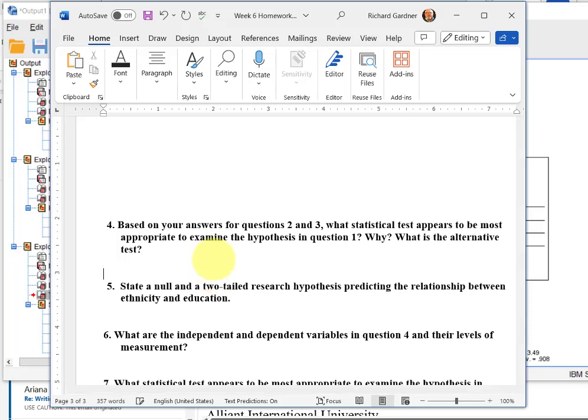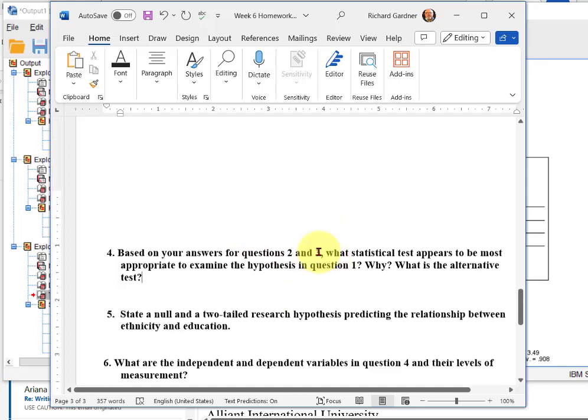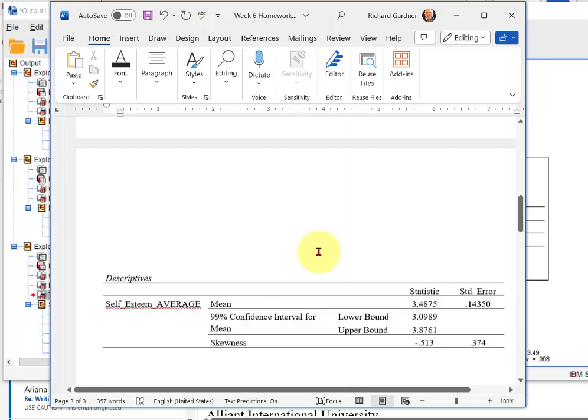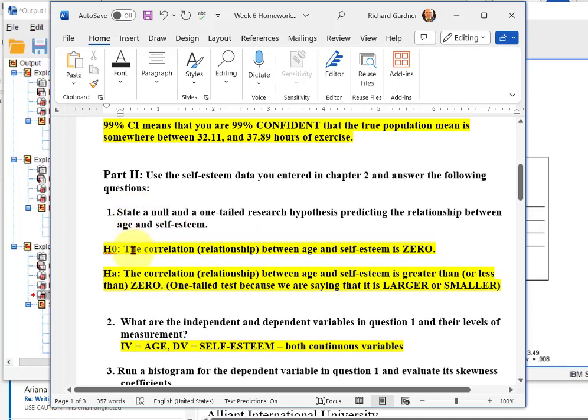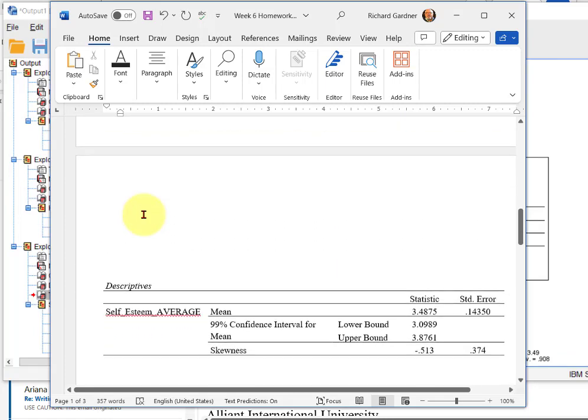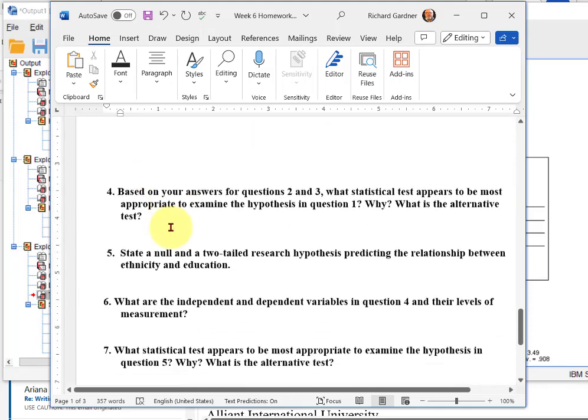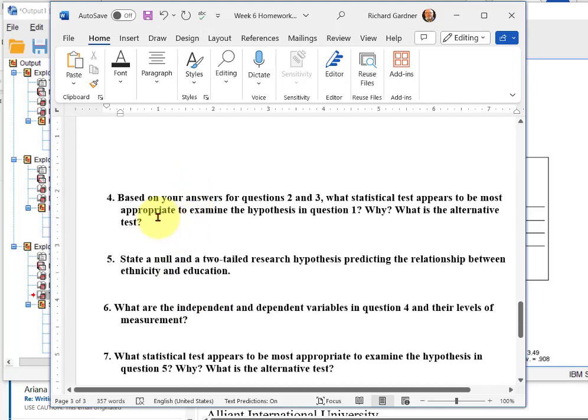Okay, based on number 2, what statistical test appears to be most appropriate to examine the hypothesis in question 1? Why? What is the alternative test? So question 1 was the correlation. So since the data is not normal, which is a misunderstanding, God, I hate to confuse you guys, but normality is not an assumption of a correlation. It's the normality of the standardized residuals.